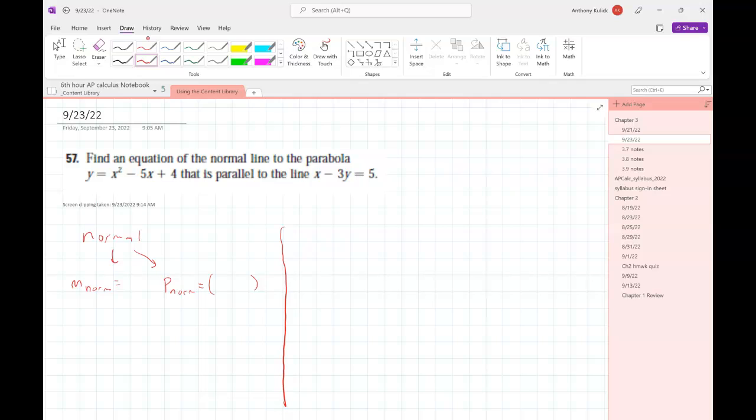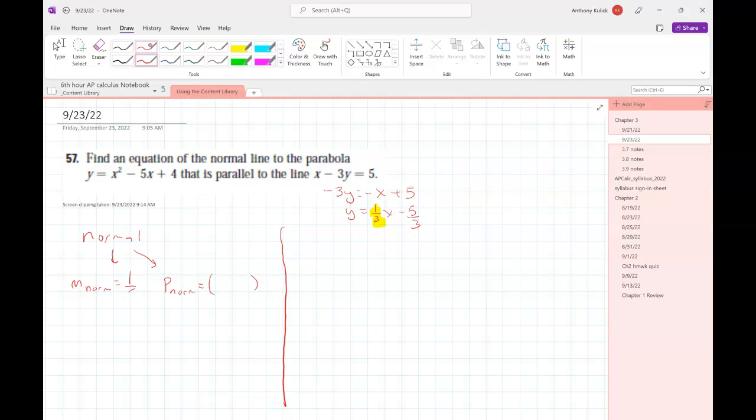It says that the line that I have to write has to be parallel to this guy. So that's how I'm going to get the slope for my normal line. So the slope for this equation is 1/3.